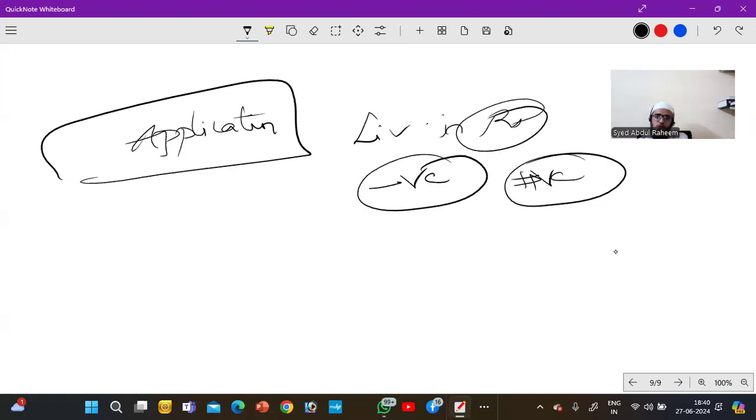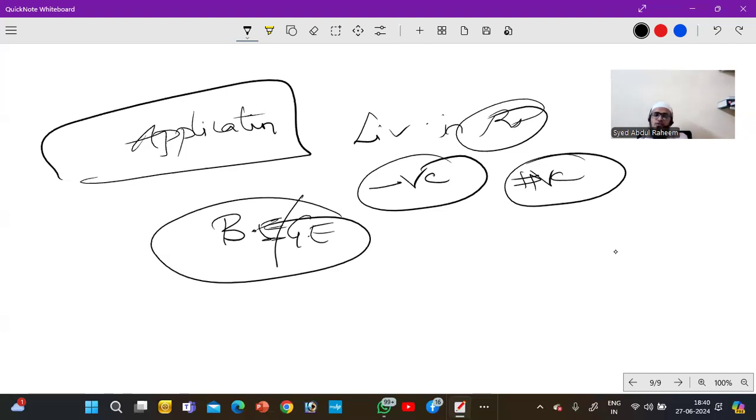So mostly we have to give B, or RE, or else G, because it is the infective part. That's the reason we are selecting these. Initially we have to give B. Along with that, you can give S2 or S5.